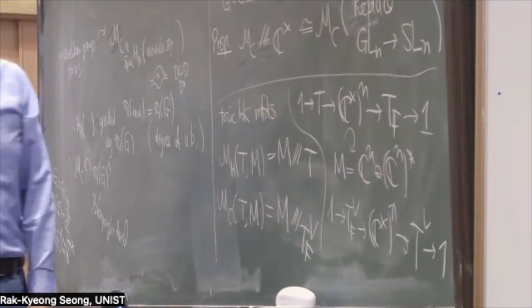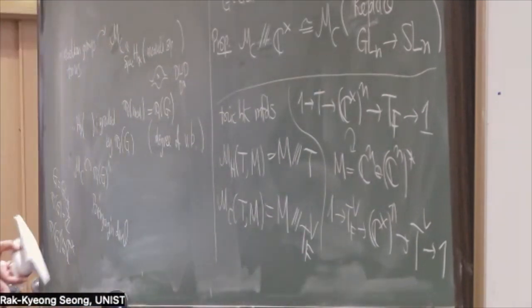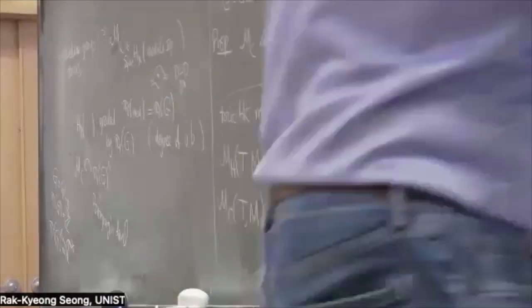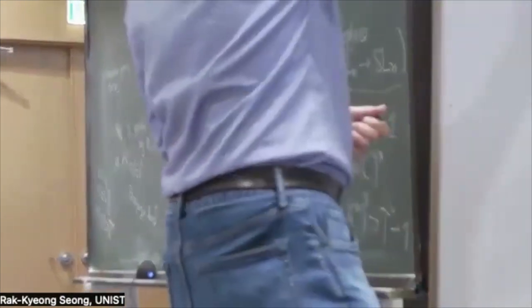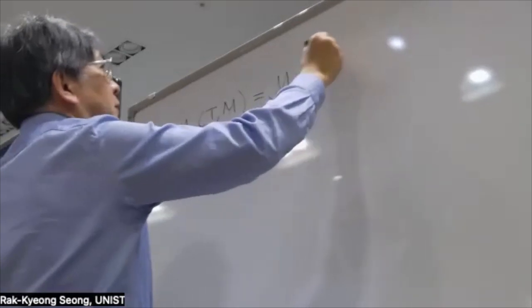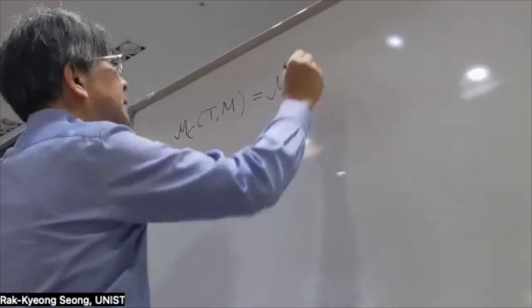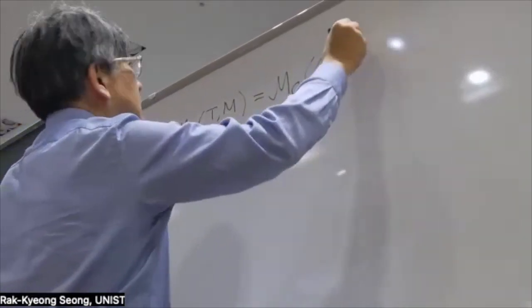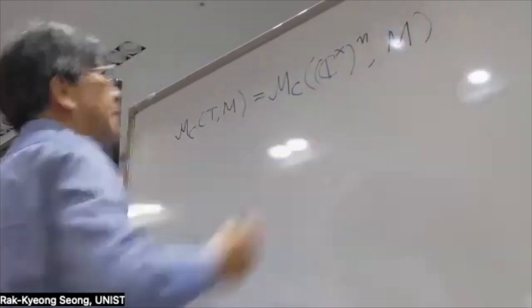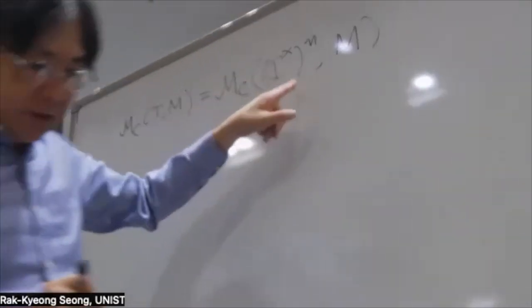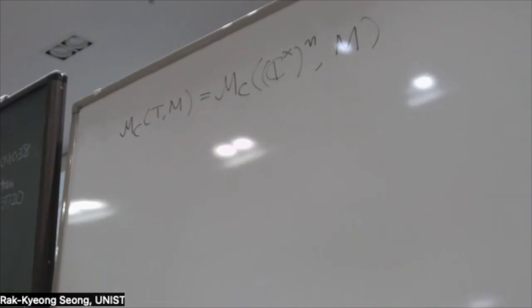And this can be understood in this way. MC of T of M is the symplectic reduction of MC of C star of N. So this is a variant of this construction: you consider a larger Coulomb branch for a larger group, and then take the reduction.